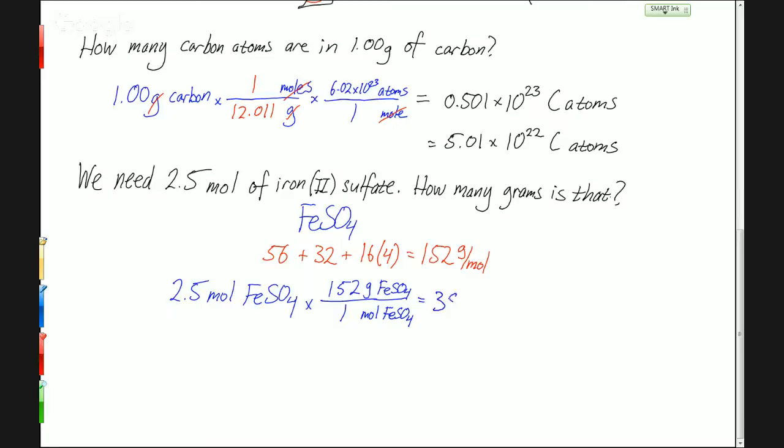And that gets us to 380 grams of iron sulfate. So just like those other questions, it's the same kind of procedure. We started with moles, we canceled moles so we could get grams. If you think about it that way, the only new thing is calculating these molar masses by adding up the weights. Let's try one going the other way and see if you can do one.